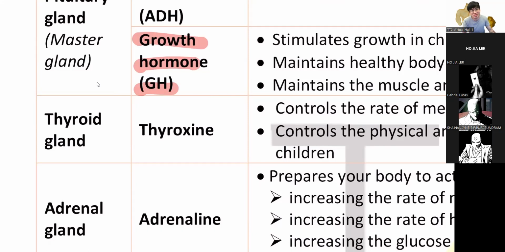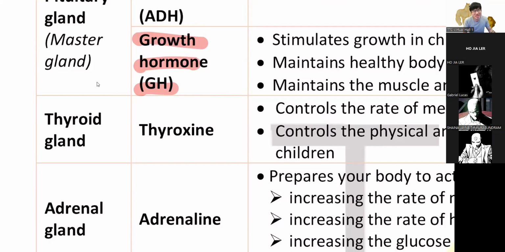You're one of the chosen few. So you have a lot of growth hormone, so your bones will lengthen a lot. This growth hormone mainly targets your bones. It will tell your bones, hey guys, please grow more. And then your bones grow longer, then you become taller.